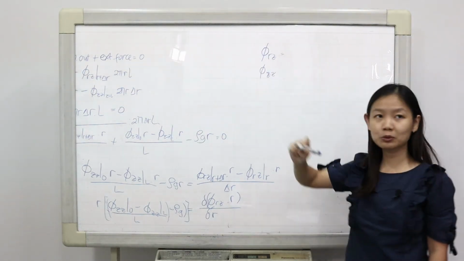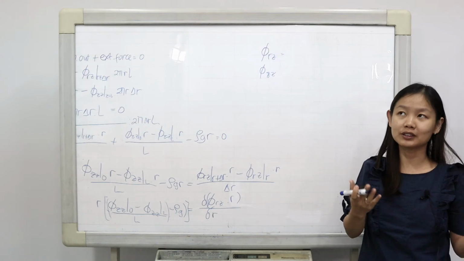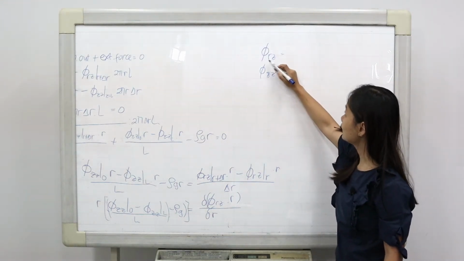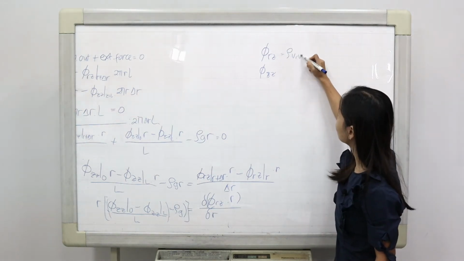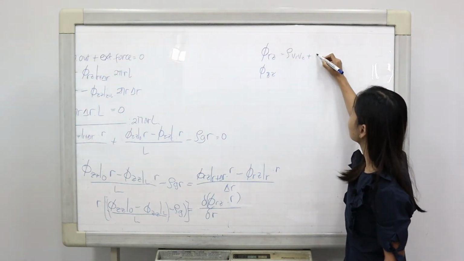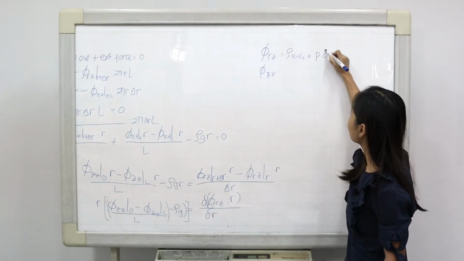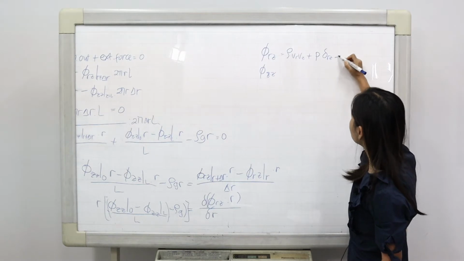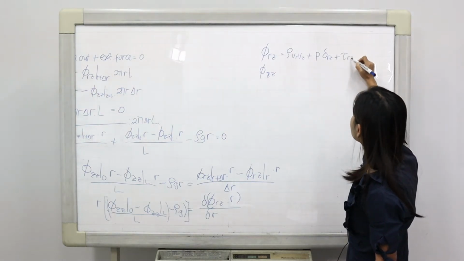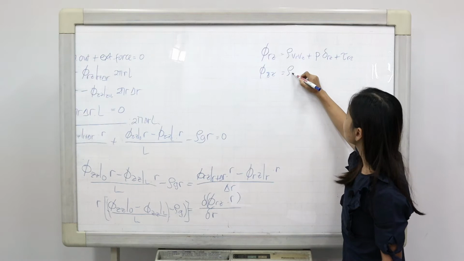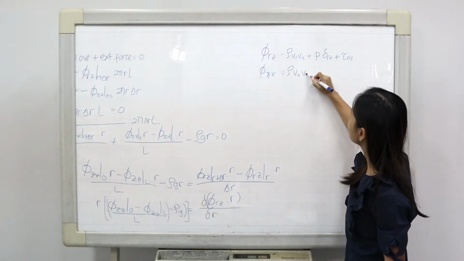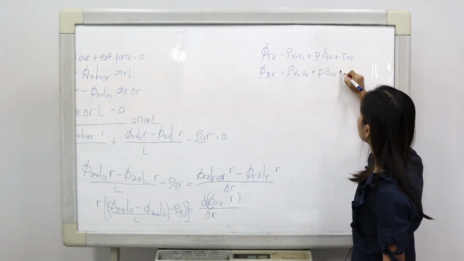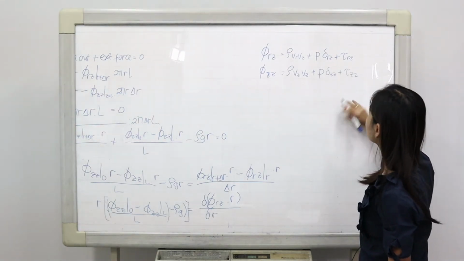As we know, the momentum flux consists of the momentum of the convective flux and the molecular flux. So for the VRZ we have rho VR VZ plus pressure Kronecker delta RZ plus tau RZ. And for the VZZ we have rho VZ VZ plus pressure Kronecker delta ZZ plus tau ZZ.